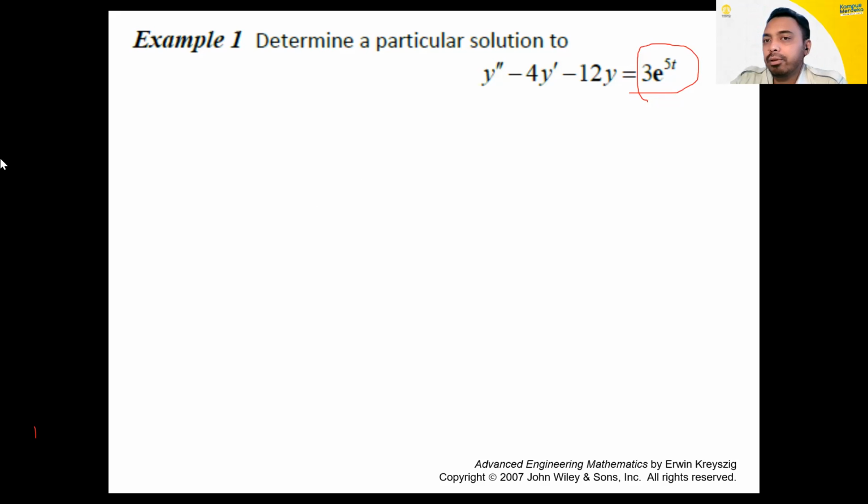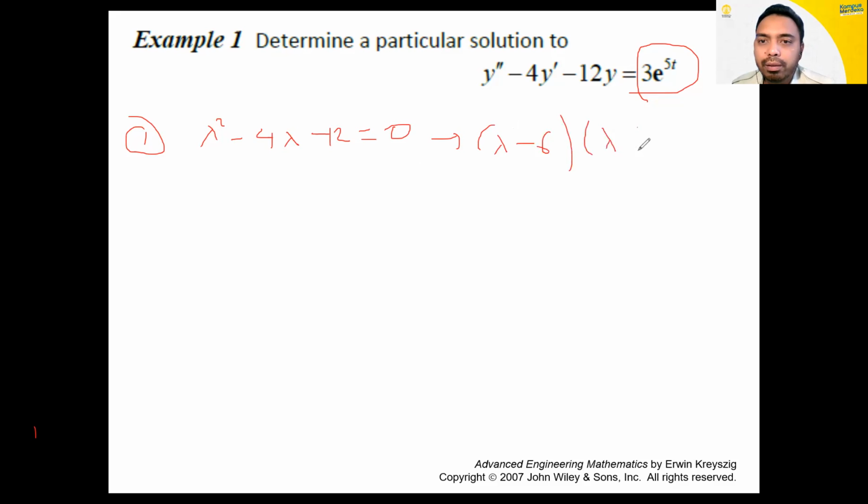Okay, so for this problem, I think we have the same method. First, we need to solve for the homogeneous one, and we do that by equating it to 0. So you will have the characteristic equation lambda squared minus 4 lambda minus 12 equal to 0. Then you can factorize, so it becomes lambda minus 6 and lambda plus 2.